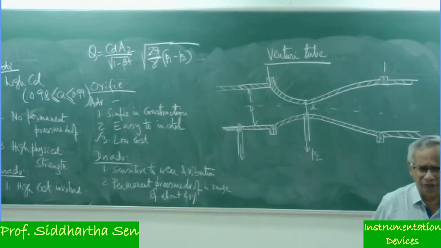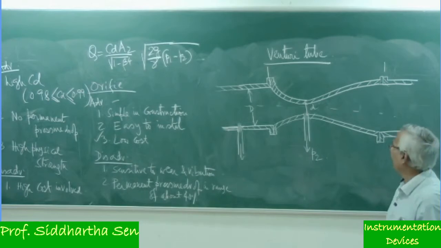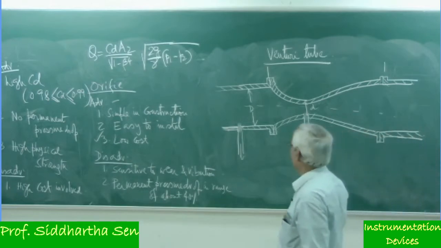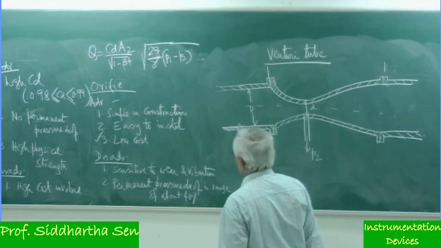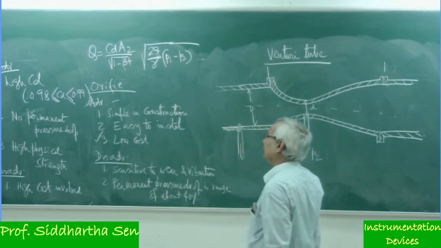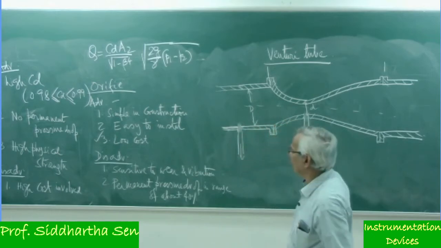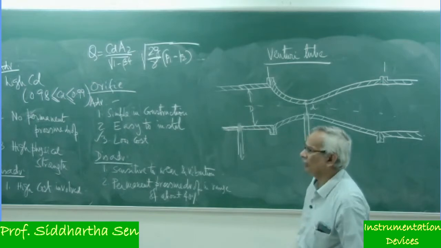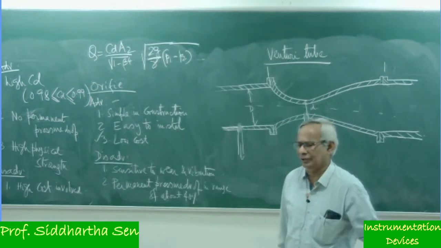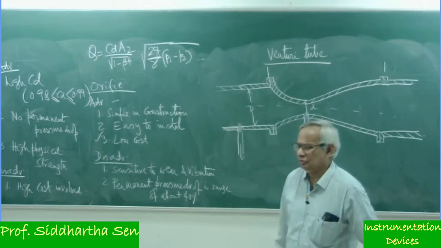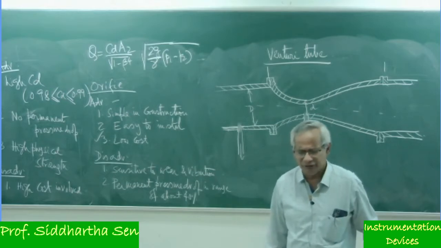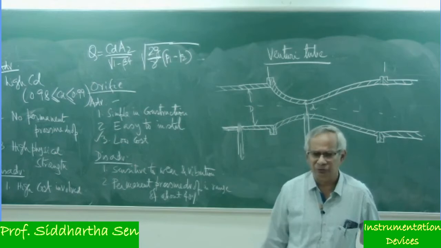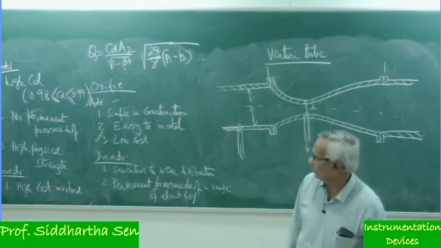You will find those details there. But this fabrication is costly. Definitely in the long run, the Venturi tube is preferred. Actually, you will find it in power plants, where you need to measure flow rate, and there you prefer to use a Venturi tube.